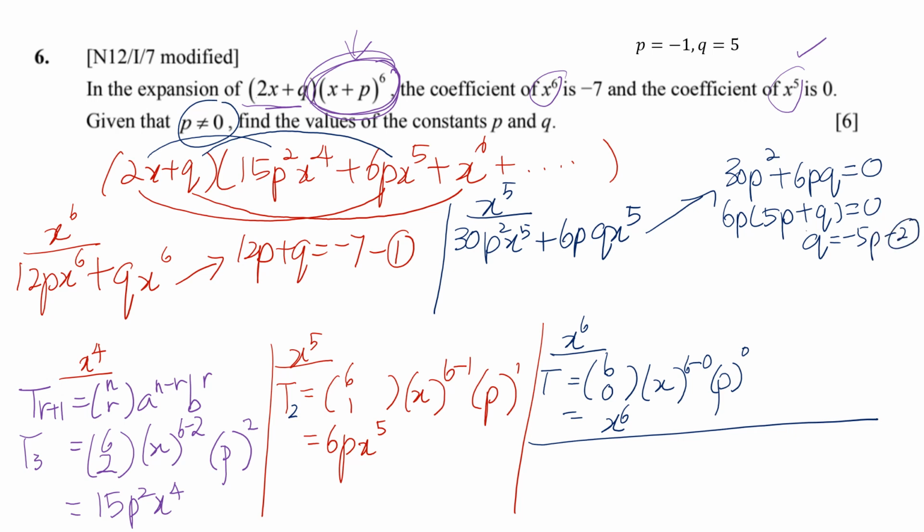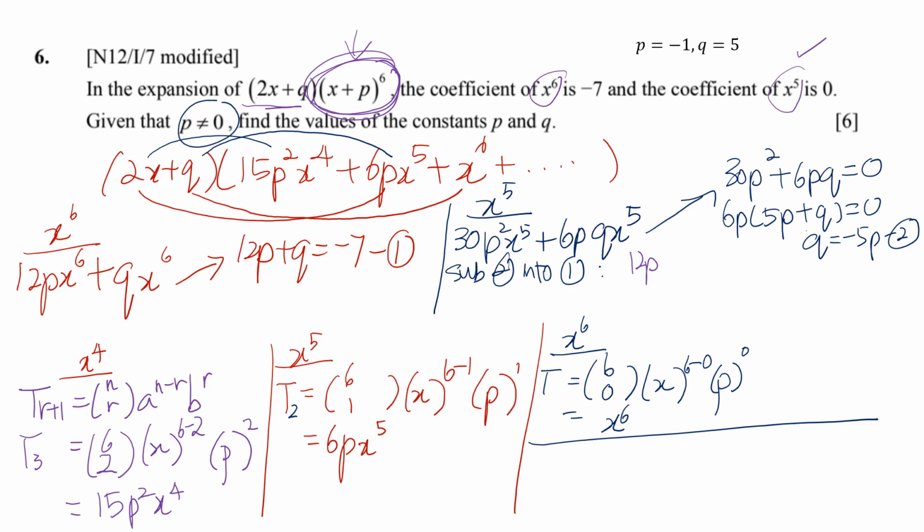So I'm going to substitute 2 into 1. And we will have 12p minus 5p equals negative 7. 12 minus 5 is 7. Wait. What's wrong with me? Substitute 2 into 1. So 12p, q is negative 5p.